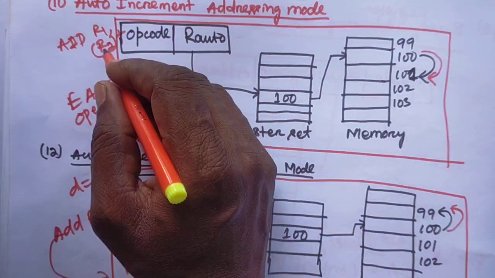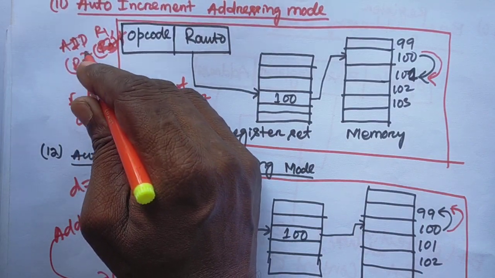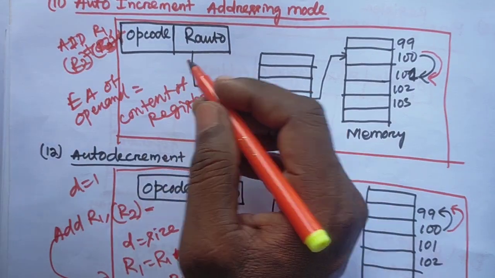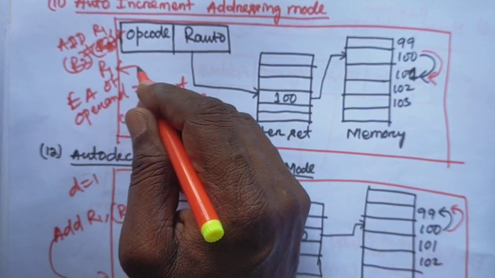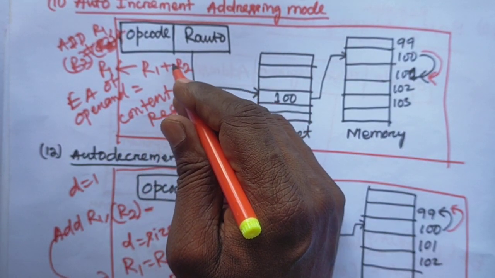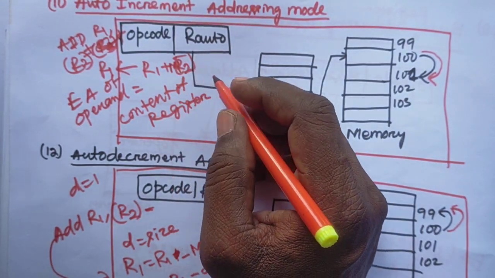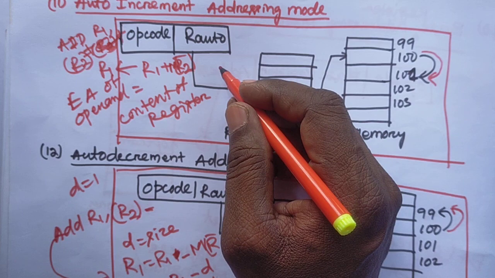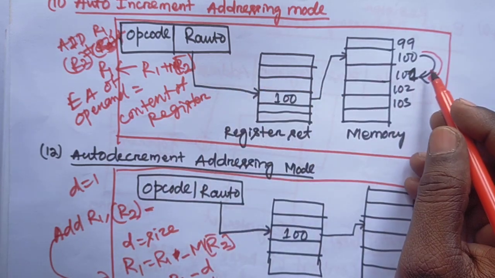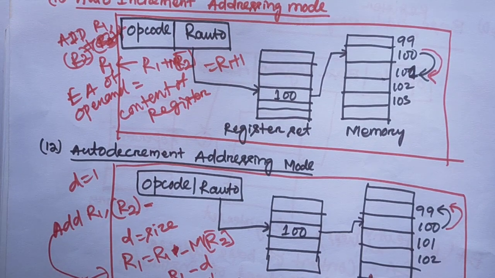Then R1 is defined as R1 plus memory of R2. In this case R1 plus 1, in increasing order. In this way we can define this addressing mode in different ways.